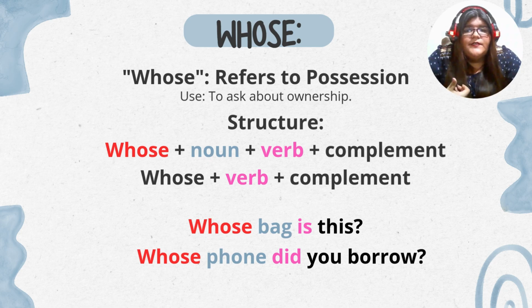And if we observe a little bit better, phone is a noun and did can be an auxiliary verb and also can be a verb. Did you borrow? And borrow is also a verb.